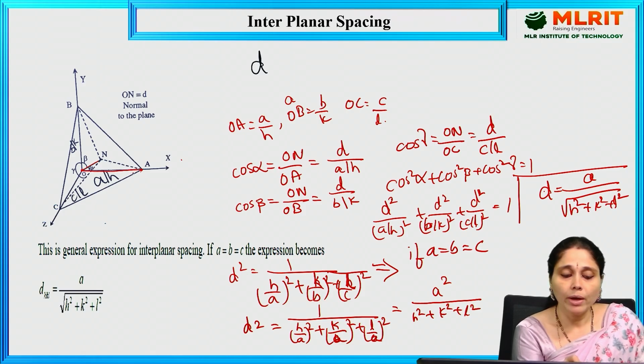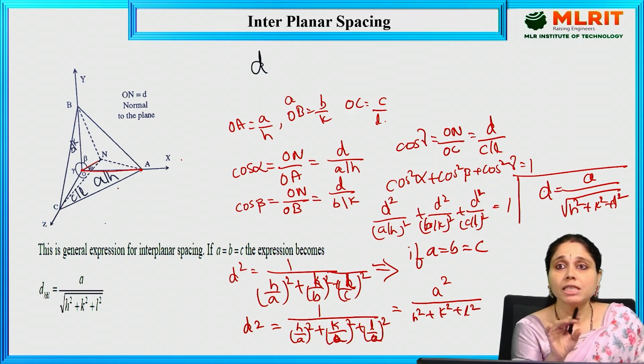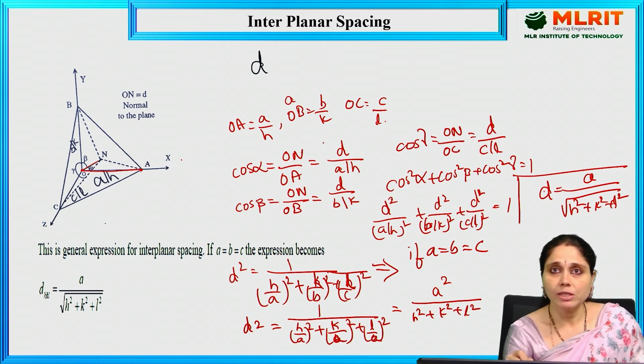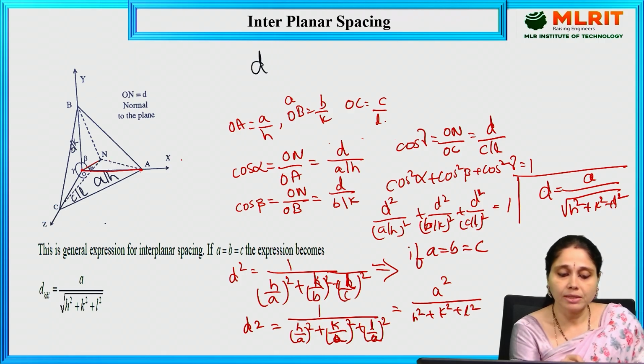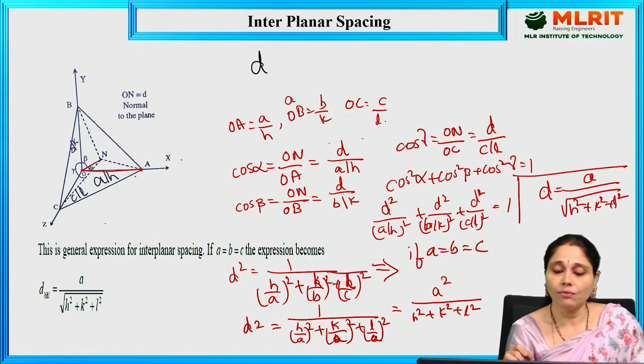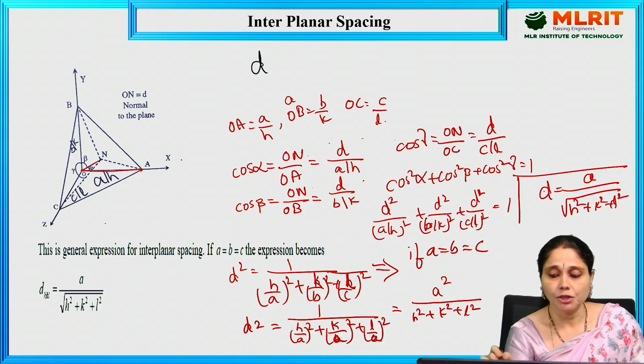OA is equal to A by H, OB is equal to B by K, and OC is equal to C by L, which represents the H, K, L parameters. So, from the cosine law, from this triangle, cos alpha is equal to ON by OA, that is equal to D by A by H.